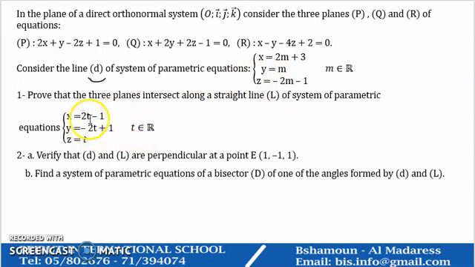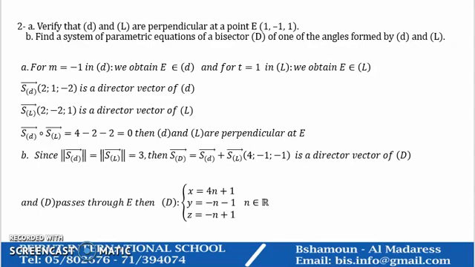If I use t equals minus 1 here, I notice that x equals minus 1, y equals minus 1, and z equals 1. So I can deduce that E also belongs to the straight line L. Then the two straight lines are intersecting. Now I can determine the director vector of the first straight line D, which is (2, 1, minus 2), and the director vector of the second straight line L, (2, minus 2, 1).